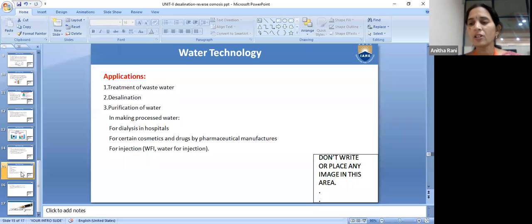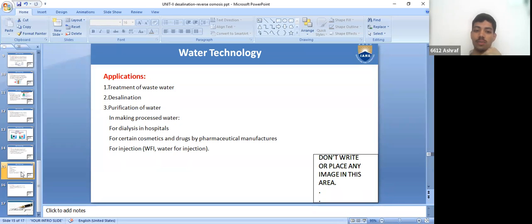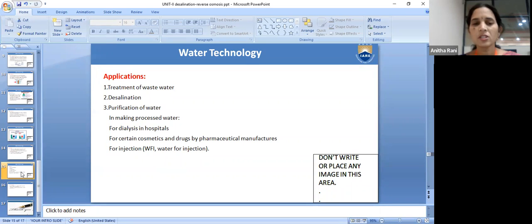Okay, what are the applications? Where can we use RO water? In dialysis, and pharmaceutical industries. We can use it in hospitals, pharmaceutical industries, high pressure boilers, and for drinking purposes. Understood? So there are some applications you can write.